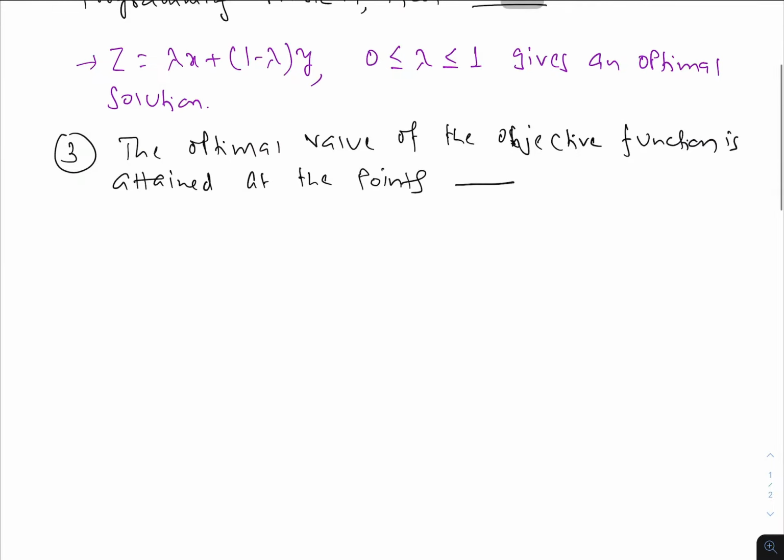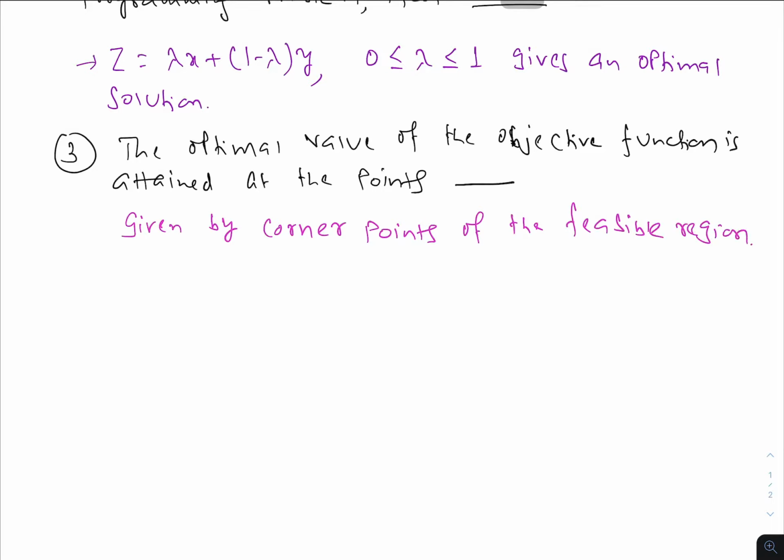So here you are having some options, and you have to select the correct option, and the correct option here is given by corner points of the feasible region. So that will be the correct option.